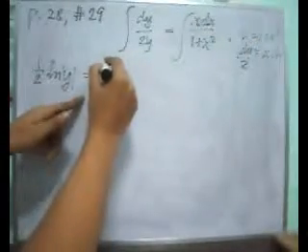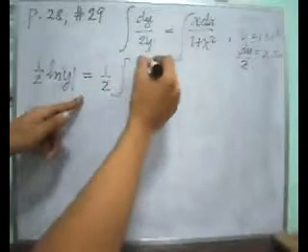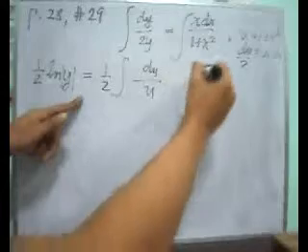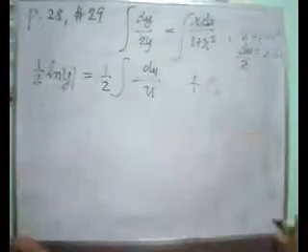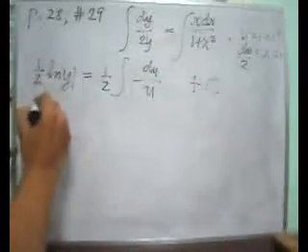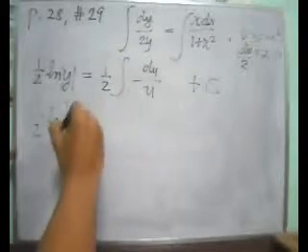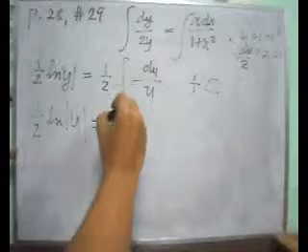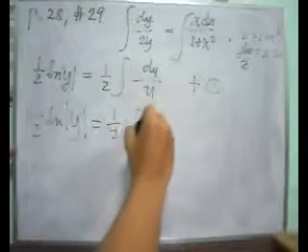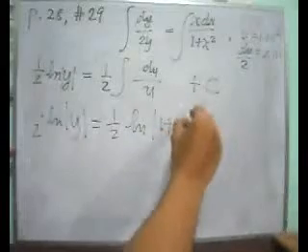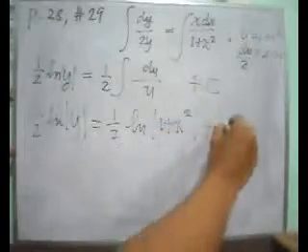This is equal to 1/2 integral of du over u, plus c. Okay, now this becomes 1/2 ln absolute value of y equals 1/2 ln absolute value of 1 plus x squared plus c.